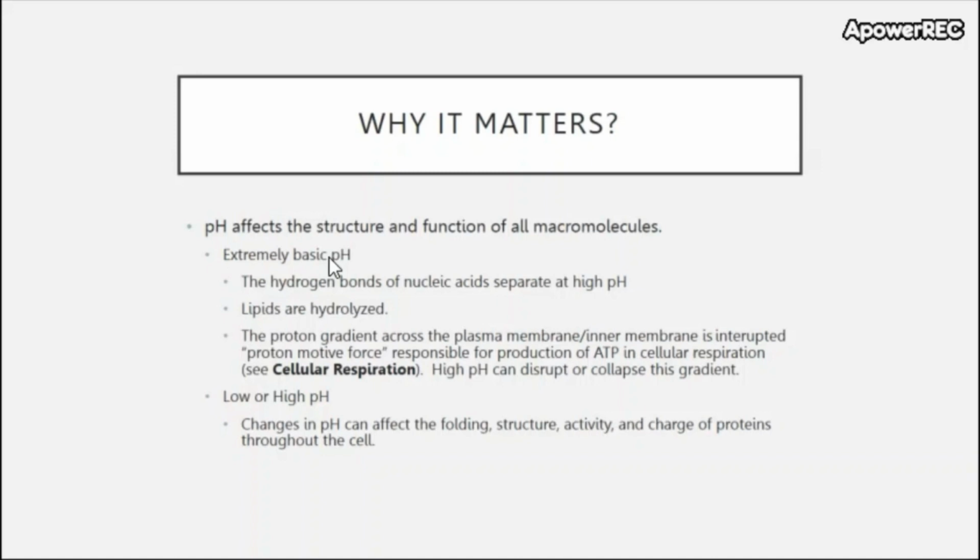And so at a high pH, where there's very low concentration of protons in a solution, if you put a cell in there, you can imagine that this would disrupt that proton gradient or cause it to collapse. And also under low or high pH, this can dramatically affect the folding, structure, activity, and charge of proteins throughout the cell. And proteins are very important tools for all sorts of different processes in the cell.